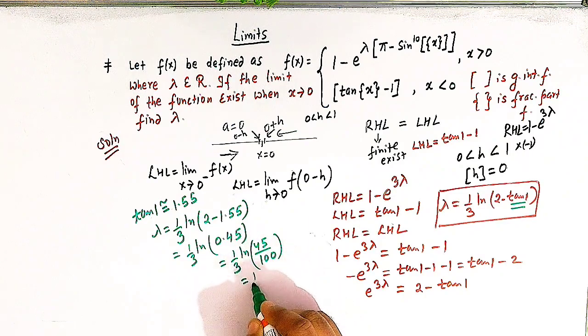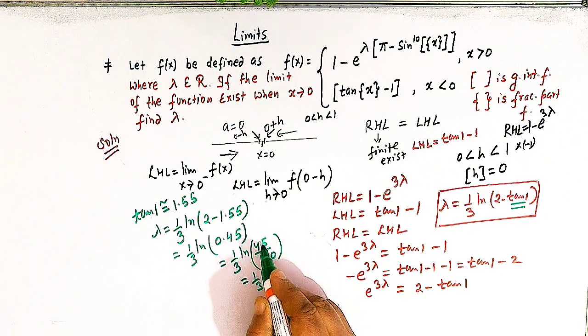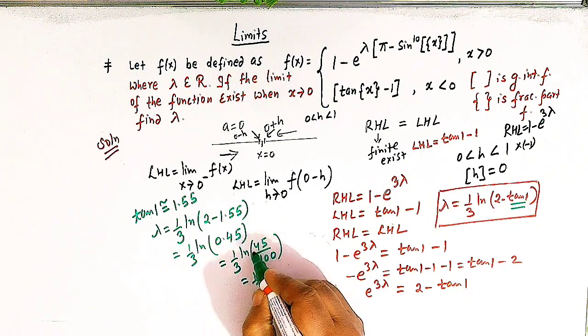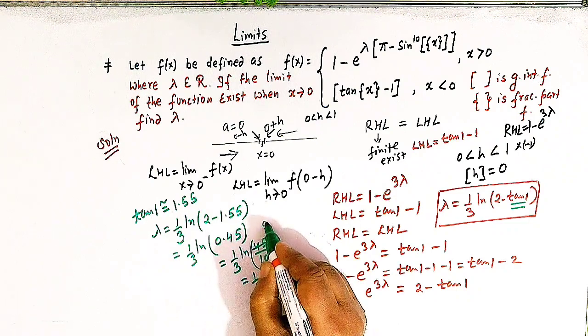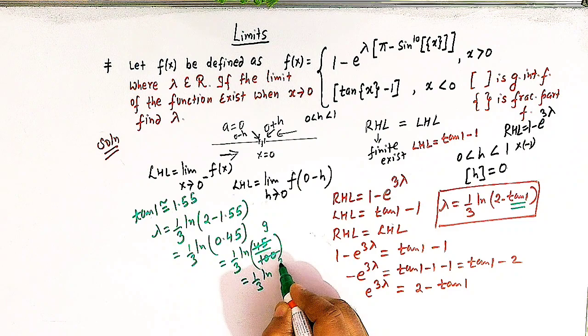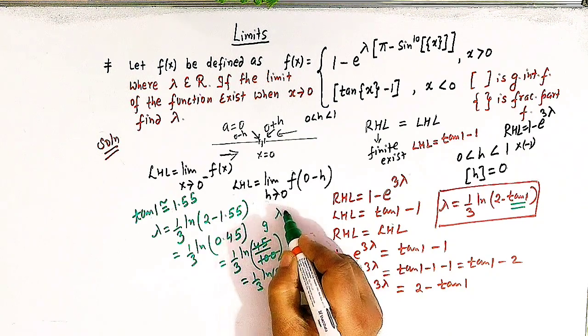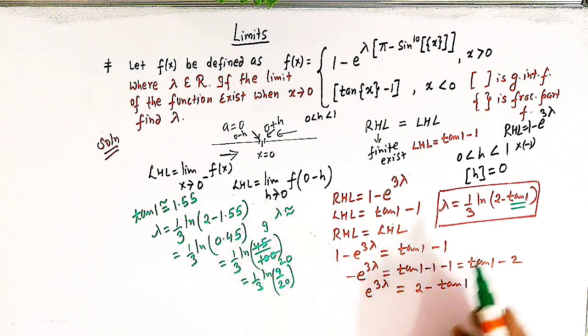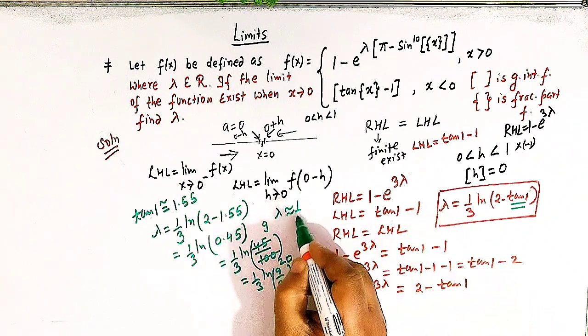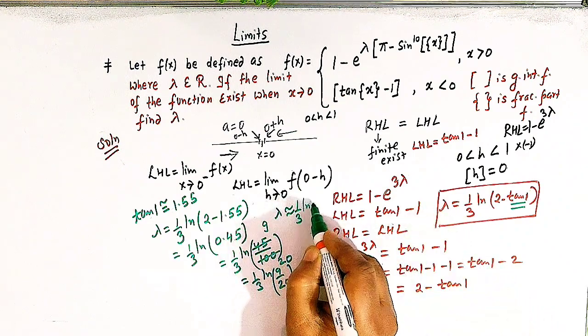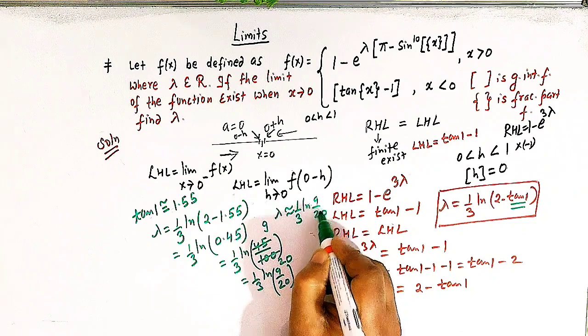And if we reduce it into the lowest terms, 45 is 5 times 9 and 100 is 5 times 20, so we have 9 over 20, right? So this is the approximate value of lambda, that is 1 over 3 natural log of 9 over 20.